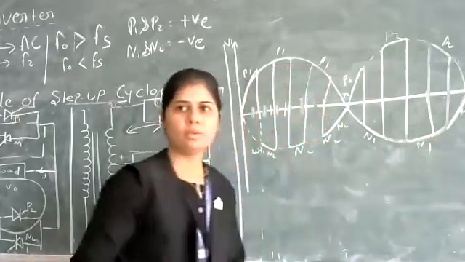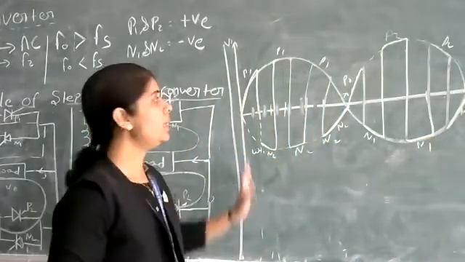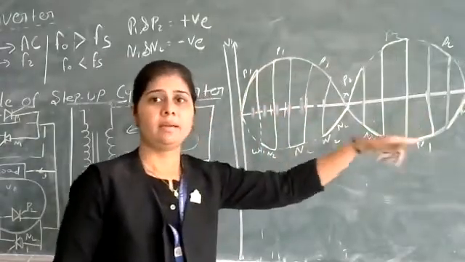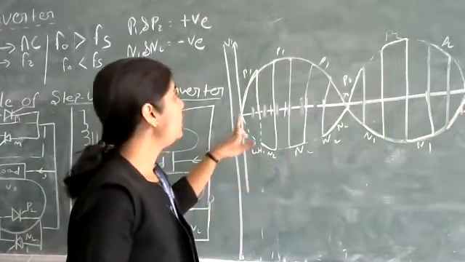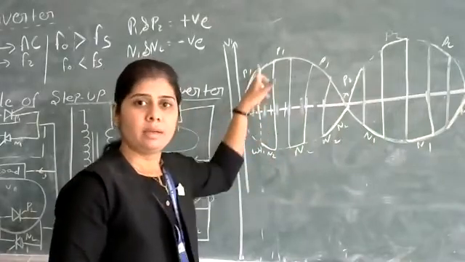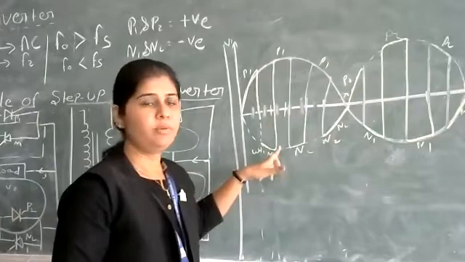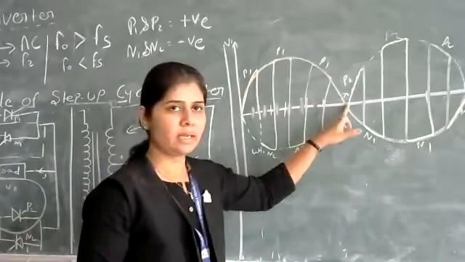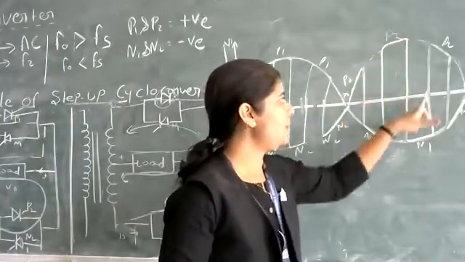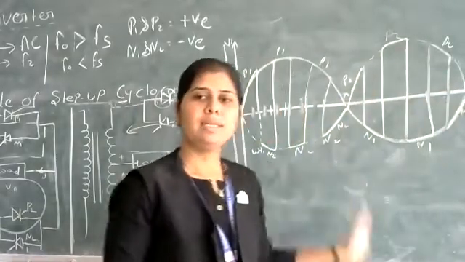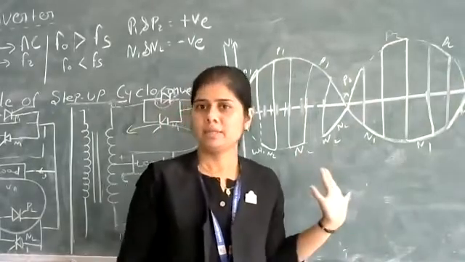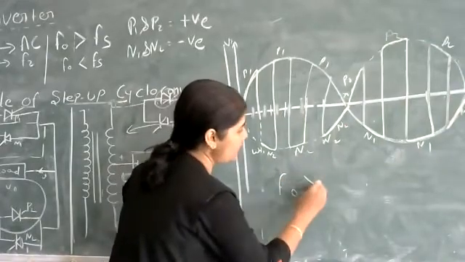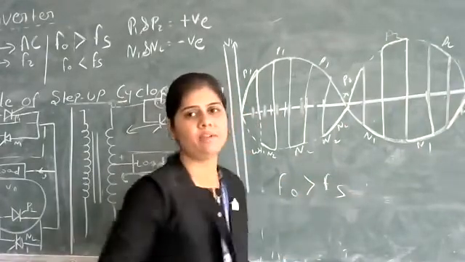Here is one cycle of the supply, but we get a large number of cycles in the output waveform. You can see one cycle, second cycle, three, 4, 5, and 6 cycles. That's why it is called a step-up cycloconverter, because its output frequency is greater than its supply frequency.